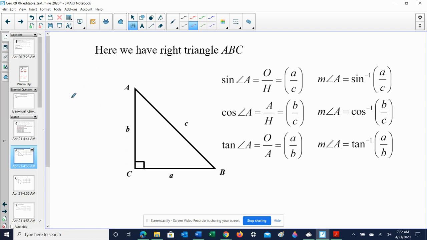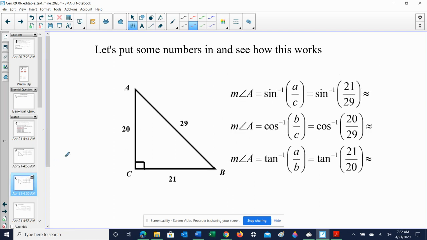That inverse function is found on the calculator, second sine, second cosine, or second tangent. That gives us the measure of the angle in degrees. Be very careful now. It's really important that you put the calculator into degree mode. So let's just put some numbers in there and see how this works.